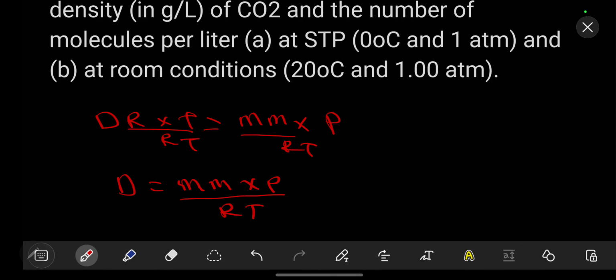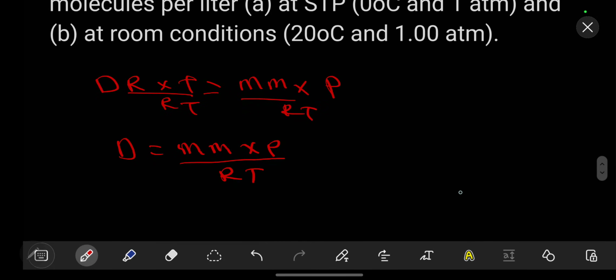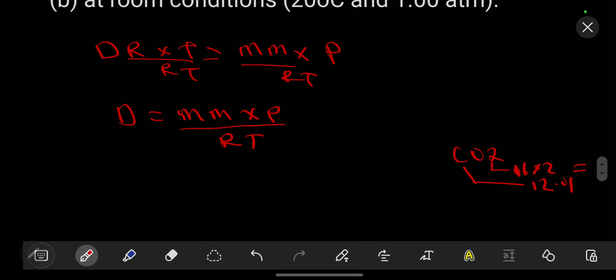Now we are looking at carbon dioxide first. Carbon dioxide has a molar mass of 44.01. You'll find that oxygen is 16 times 2, then carbon is 12.01. When we add these, we end up with 44.01.